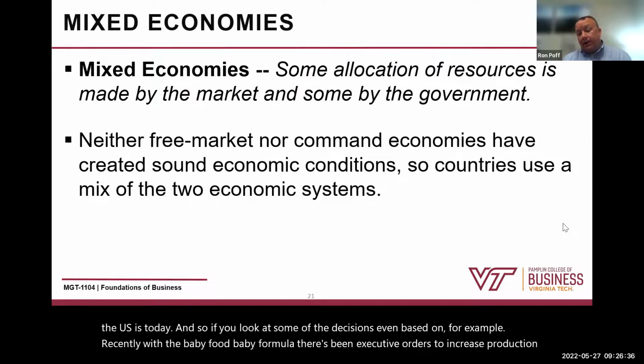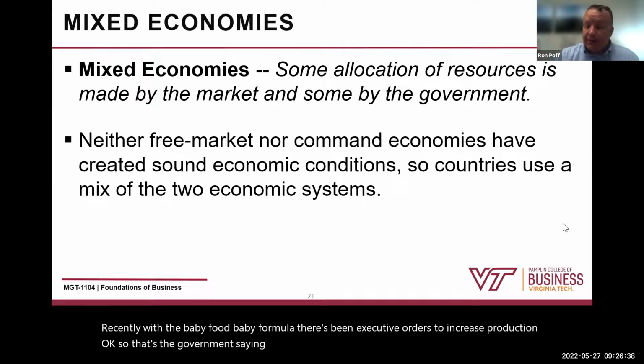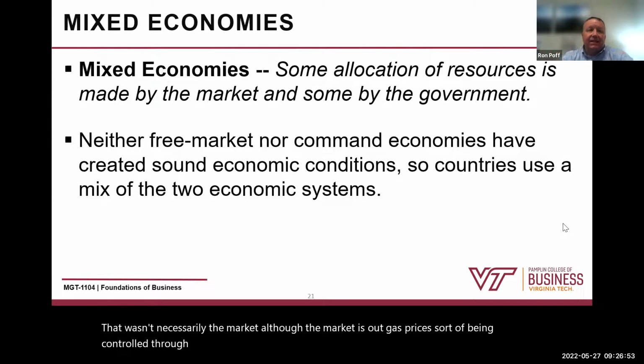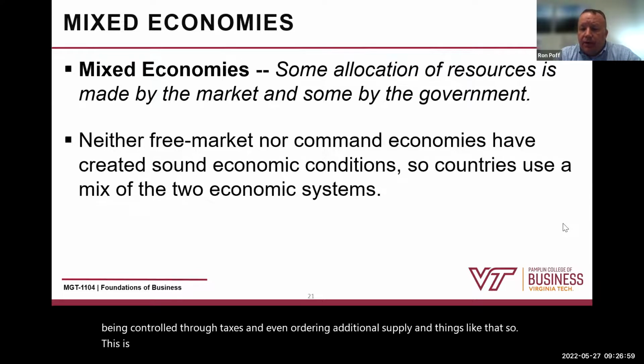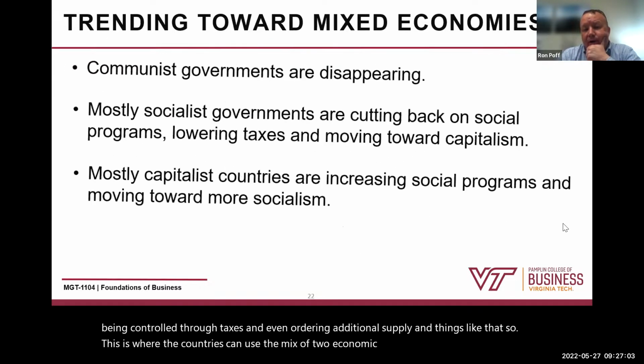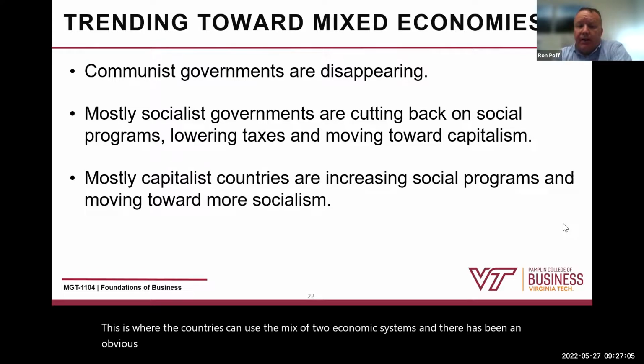That's the government saying you must, through executive order, increase production. That wasn't necessarily the market. Gas prices are sort of being controlled through taxes and even ordering additional supply. So this is where countries can use a mix of two economic systems.